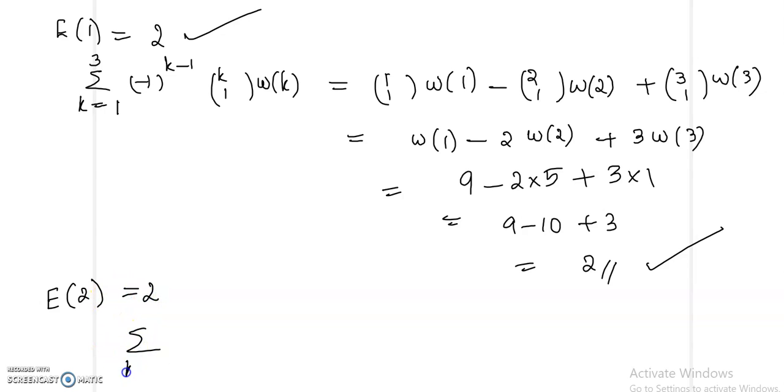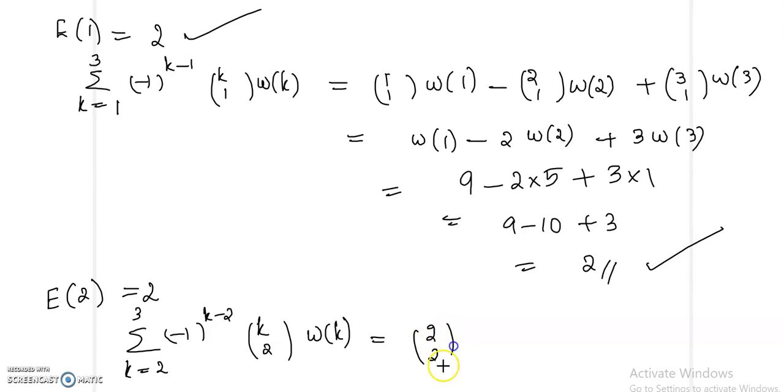When we take the summation for E of 2, you get k equal to 2 to 3, minus 1 raised to k minus 2, kC2 omega of k. So when k is 2, you will get 2C2 omega of 2, and minus 3C2 omega of 3.